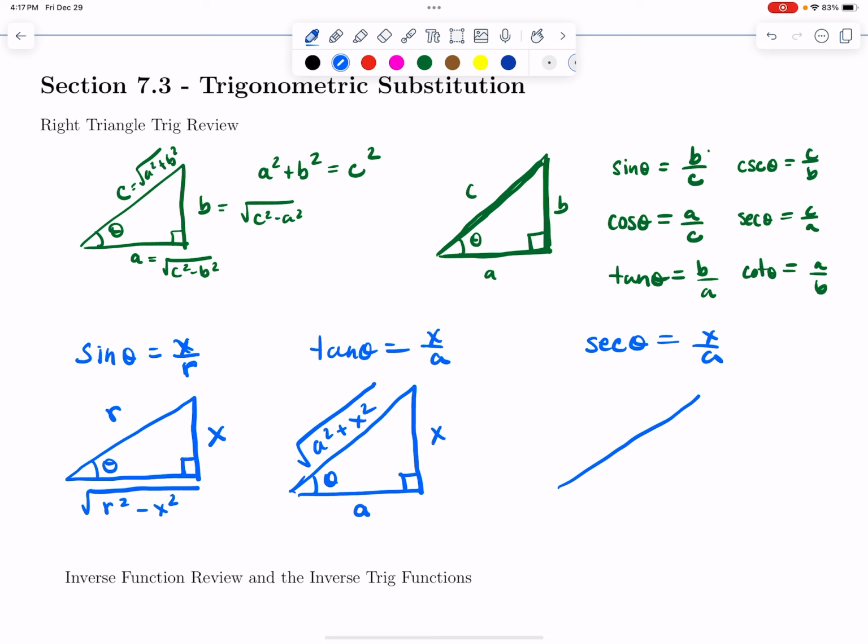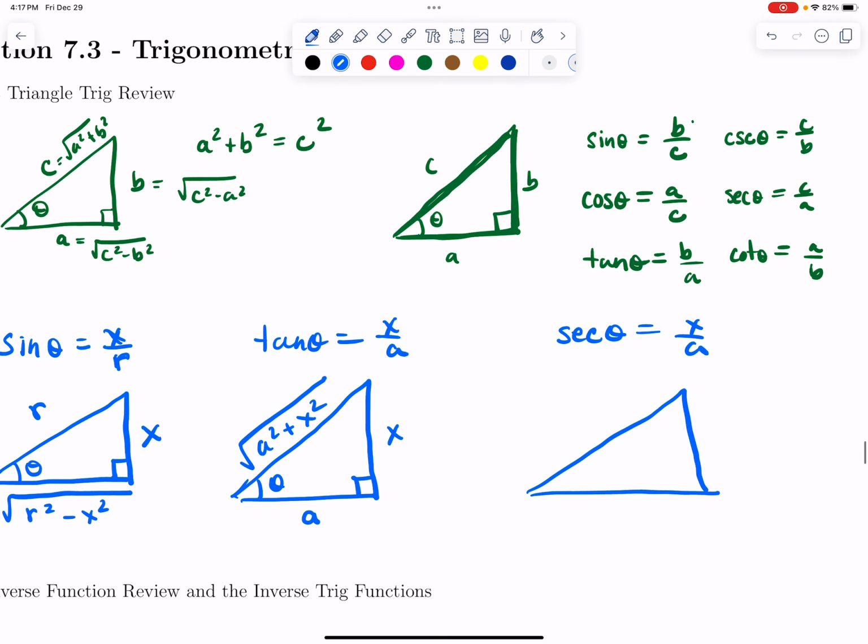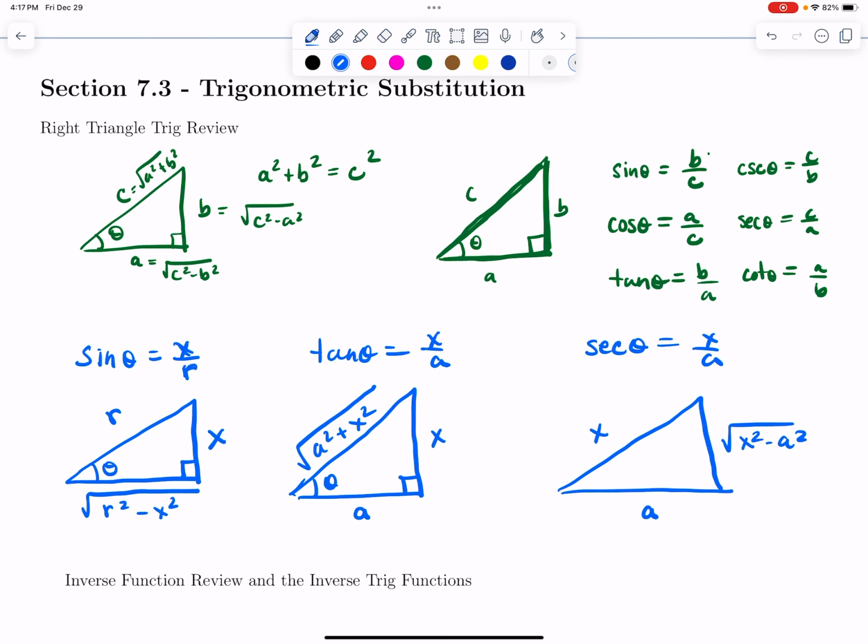All right, so what does that mean? Well, remember, secant of theta is the hypotenuse over the adjacent. So that would be x over a here, and then this side would be the square root of x squared minus a squared. Okay, well, that's the angle theta, and that's a right triangle. So we're going to definitely need to use these ideas in this section.